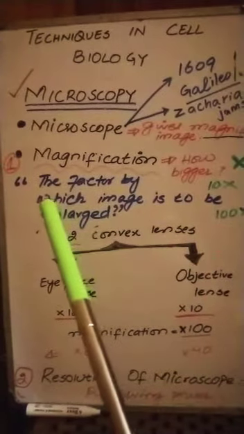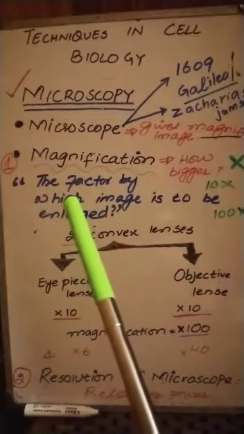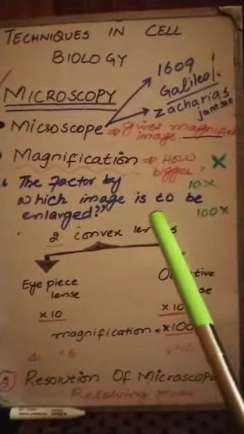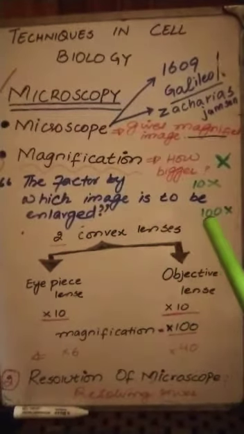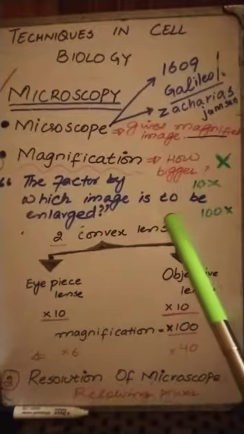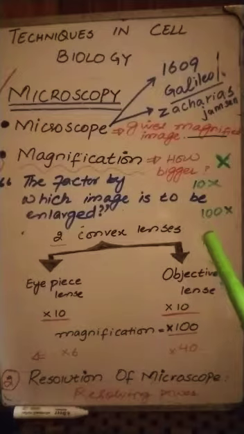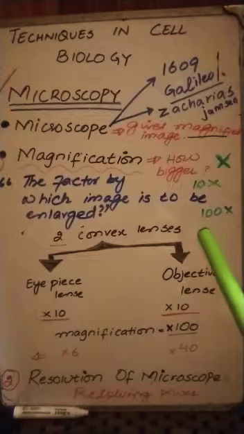So magnification can be defined as the factor by which an image is enlarged. This means that an image can be enlarged as much as we desire, to clearly understand the inside of the cells and to know about the nature of the cells.